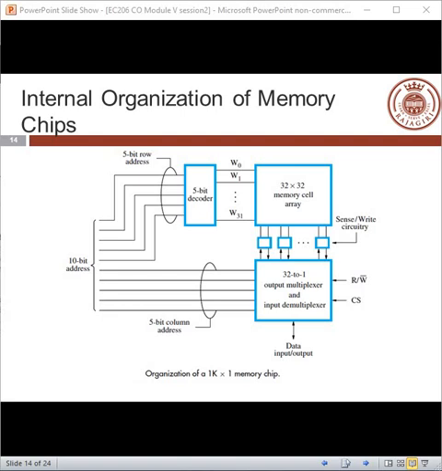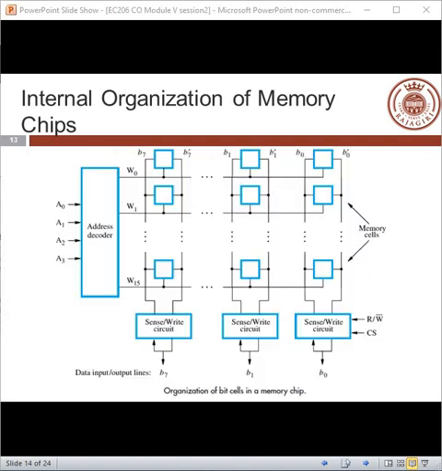If we need 128 rows, we need 7 address lines, that is, 2 raised to 7 is 128. We need A0 to A6. Then our pin number will increase to 19.